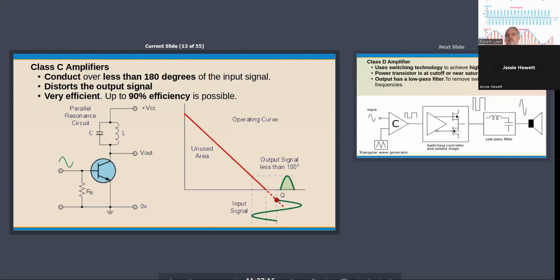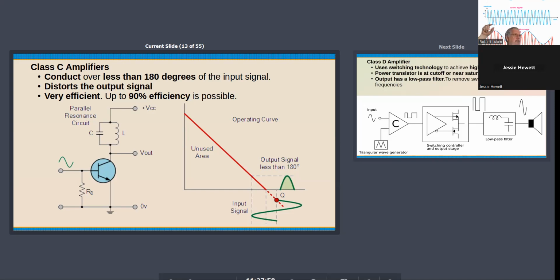Okay, a Class C, like I said, only conducts for a portion of the waveform, and it requires having a tuned circuit to actually make it work. So if you use this in the output stage of a transmitter where it wasn't going to be phone, that portion of the signal coming in that gets amplified basically causes that resonant circuit to resonate.